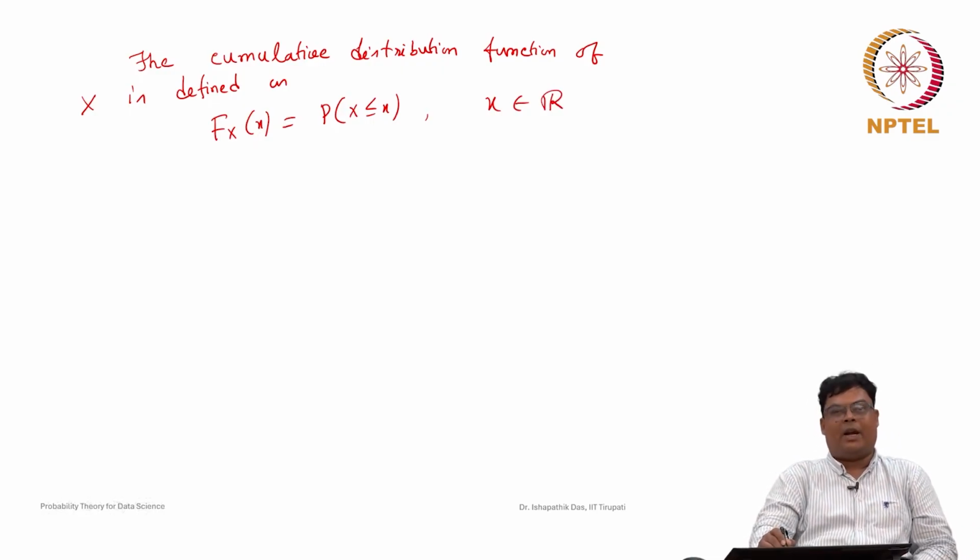Now we have a bivariate random variable. How do we define it?